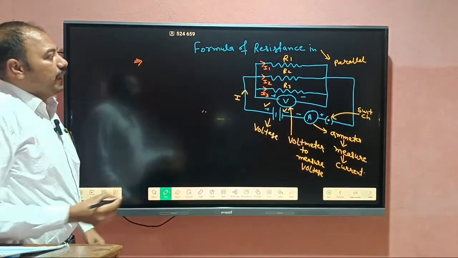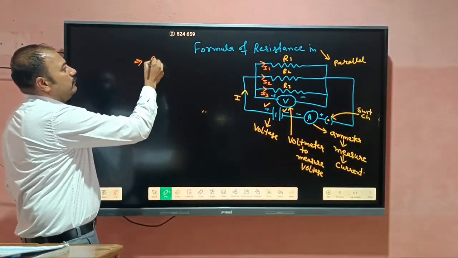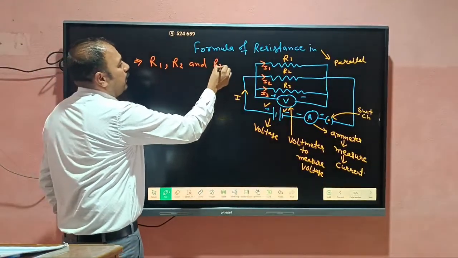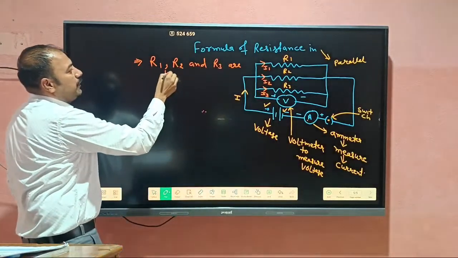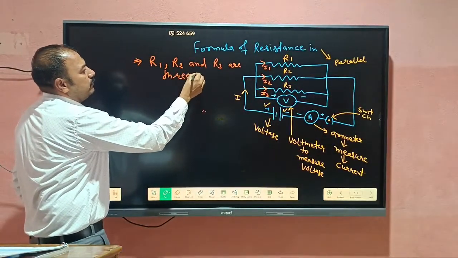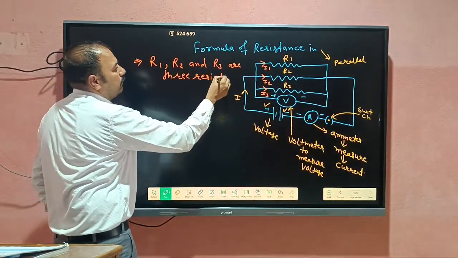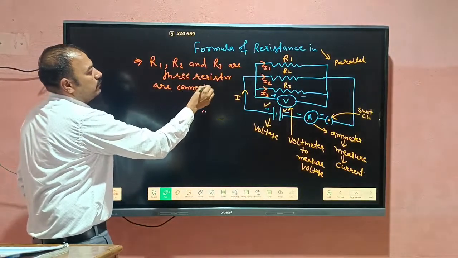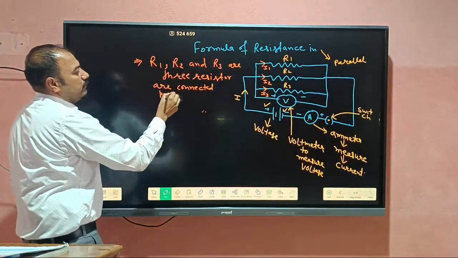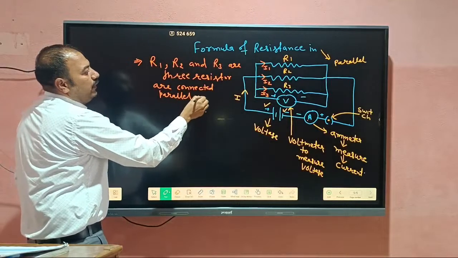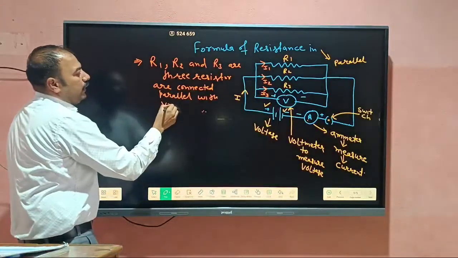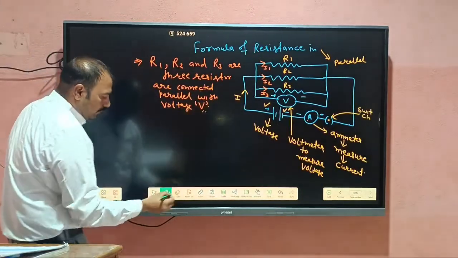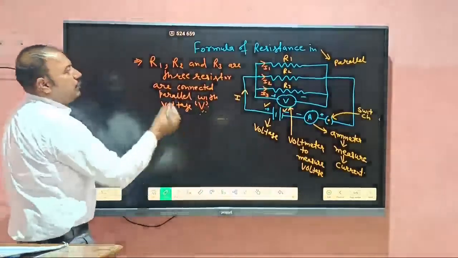So we can write: R1, R2 and R3 are three resistors connected in parallel with voltage V. Okay, so here what is important?